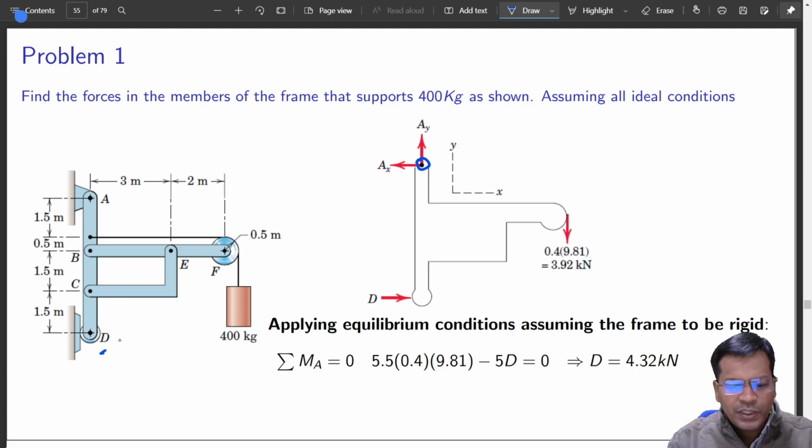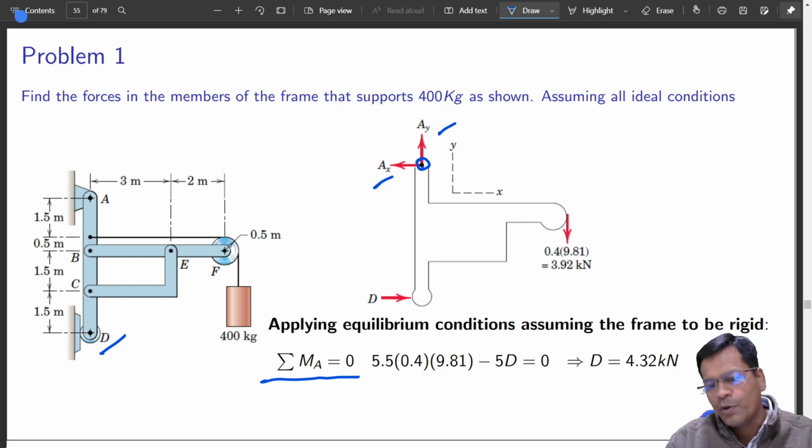D is unknown and I know all the directions already, so I have put D like this. Ax and Ay will not appear in this equation if I take moment about A, because those forces pass directly through the joint about which I am taking the moment, right?